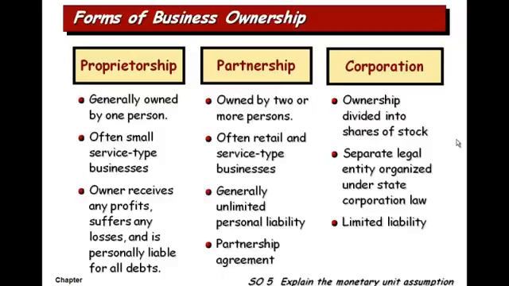Limited liability. Notice that limited liability, whereas the partnership and the proprietorship have unlimited personal liability. So for the partnership, generally unlimited personal liability. Last point, in proprietorship, personally liable for all debts, whereas the corporation has limited liability.